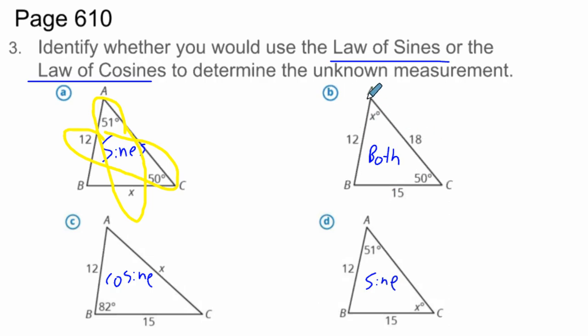So since angle A, which is x here, is the included angle between two known sides, I could actually do both of these. For this one, I have 82 as the included angle between two known sides, so that would be law of cosines. And here I have a known side across from a known angle and a known side across from an unknown angle, so that would be law of sines.